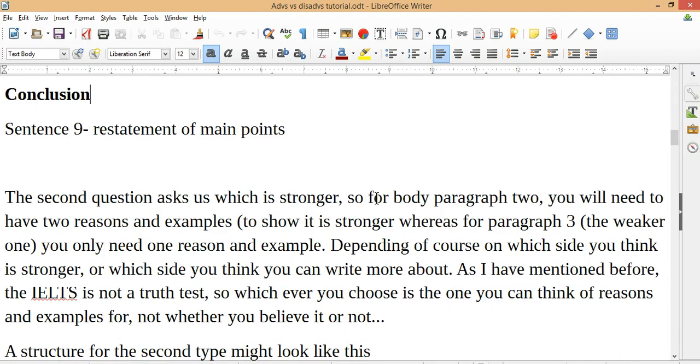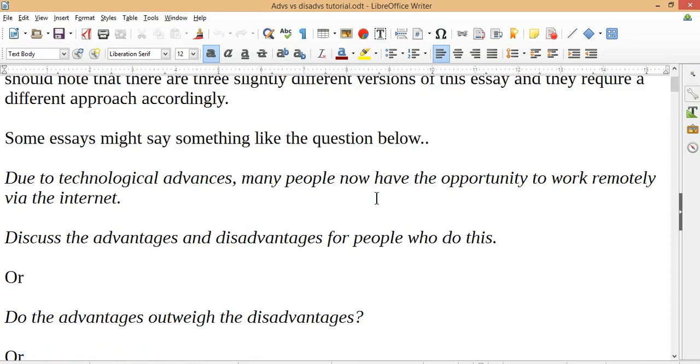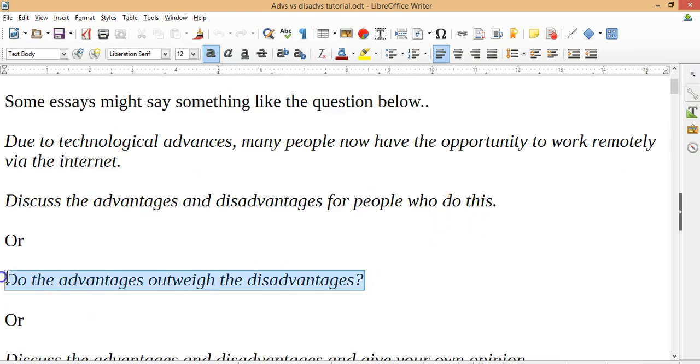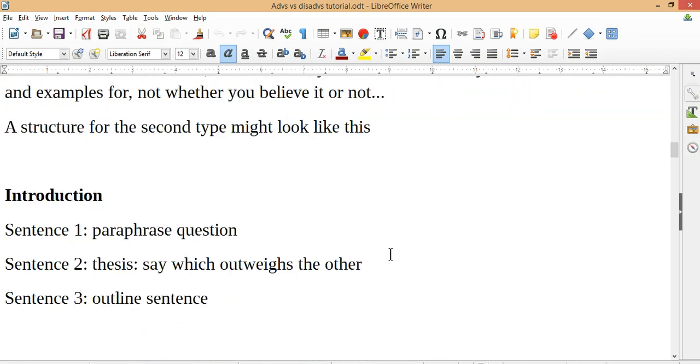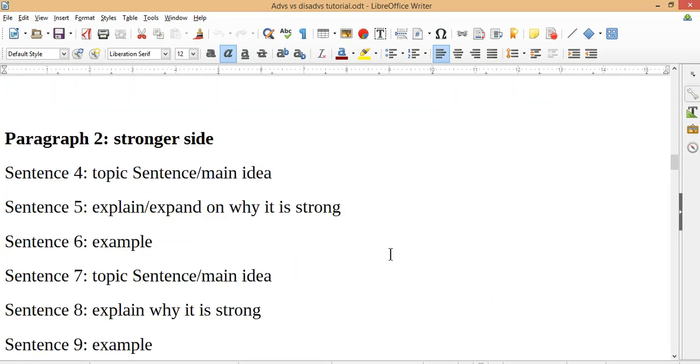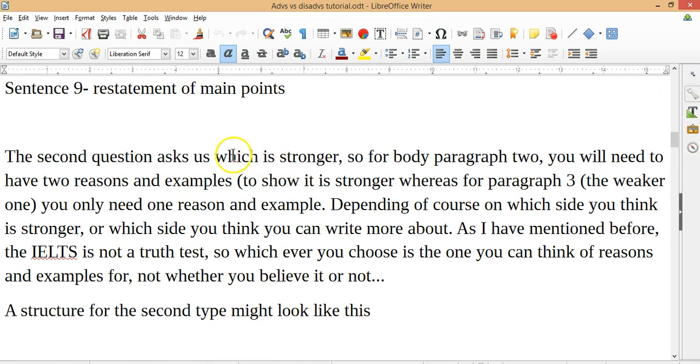So the second one: do the advantages outweigh the disadvantages? Well, that's basically asking which is the stronger, which is better, which outweighs. So for paragraph 2, you will need 2 reasons and examples to show that it is the stronger one.